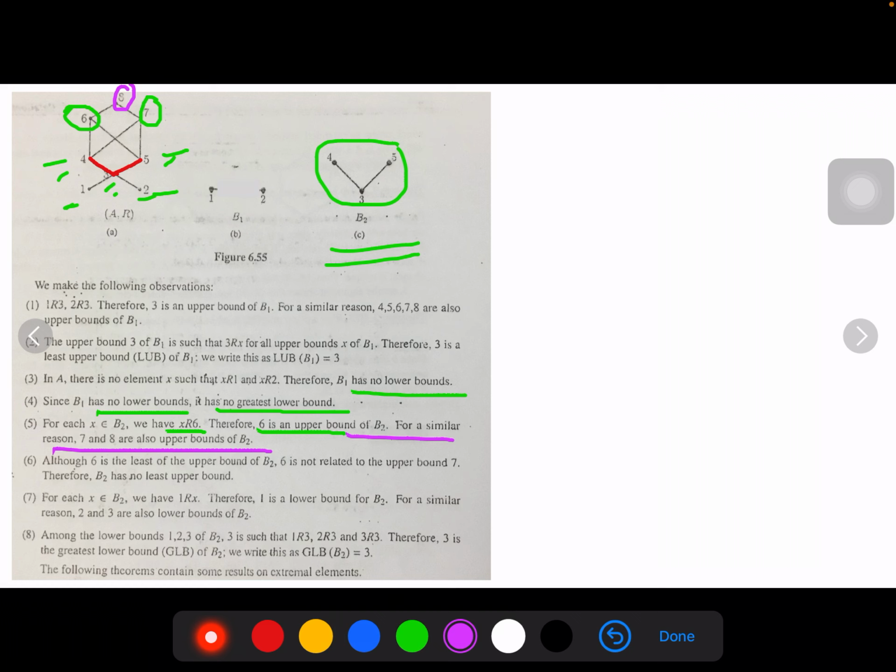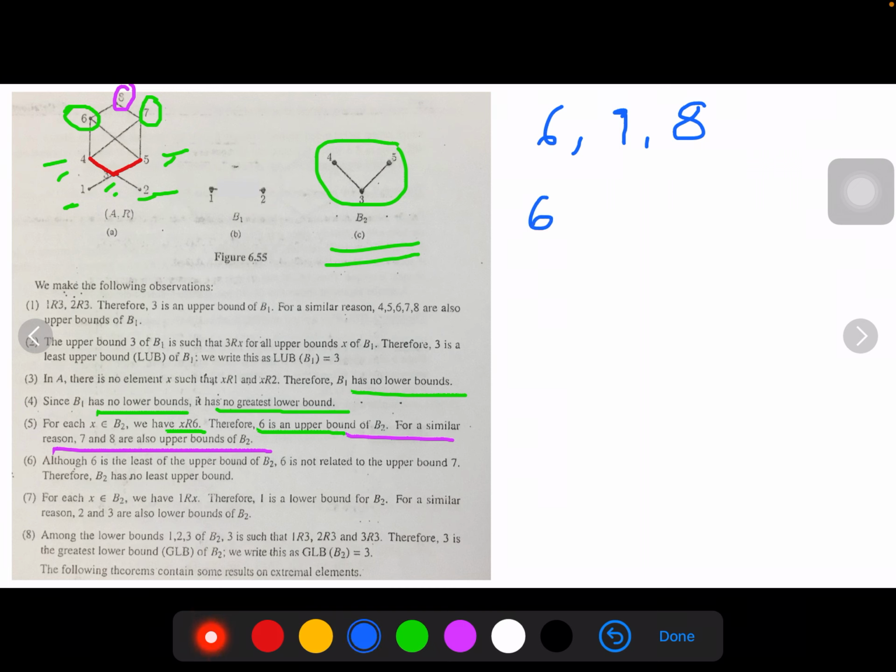After finding upper bounds, you have to find the least upper bound. Because 6, 7 and 8 are all upper bounds, I have to check which one becomes the least. 6 becomes the least, but to say that it is a least upper bound, it has to be related to the rest of the elements.